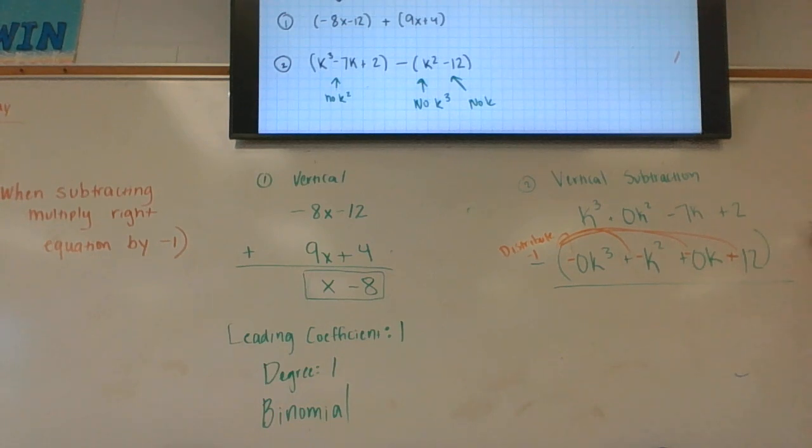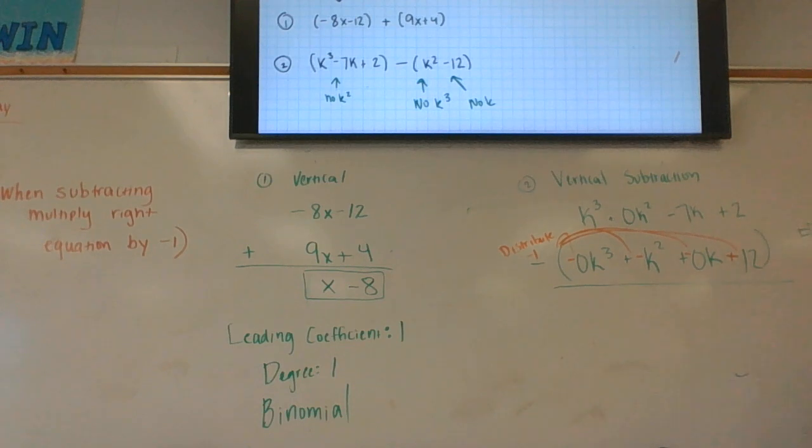So I'm actually going to rewrite it. k to the third, 0k squared, minus 7k plus 2, the top didn't change. Down here, it's going to be minus 0, minus k squared, minus 0, plus 12.